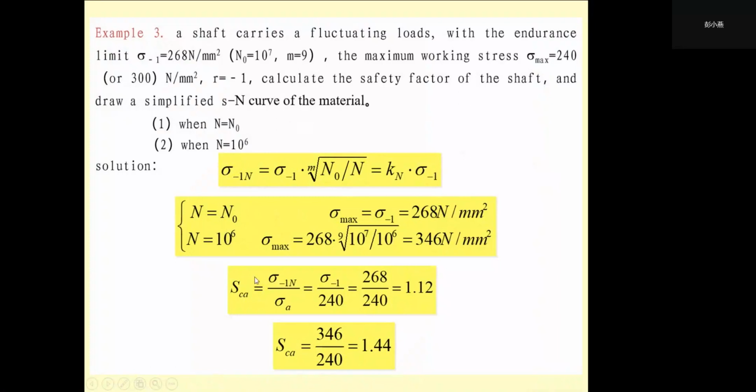And we use this sigma minus 1n to calculate the safety factor. This is the fatigue strength under cyclic number n.